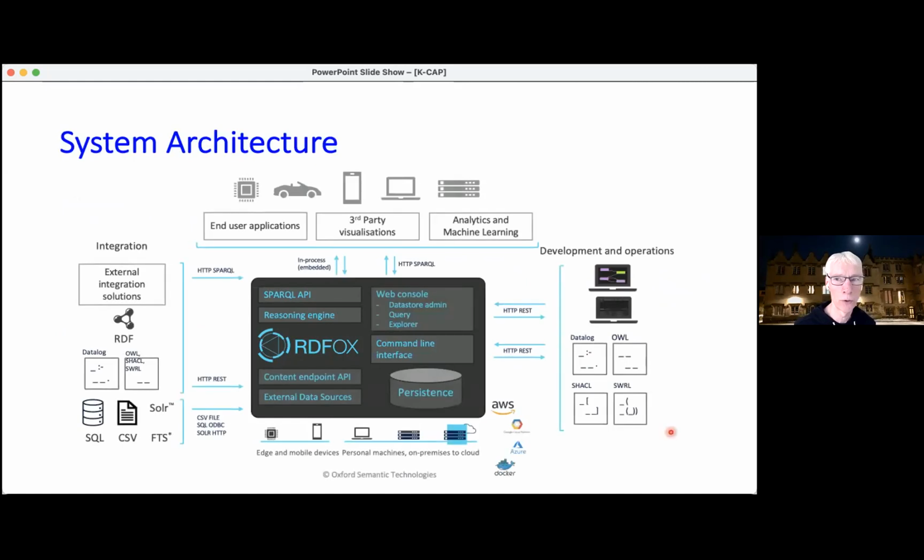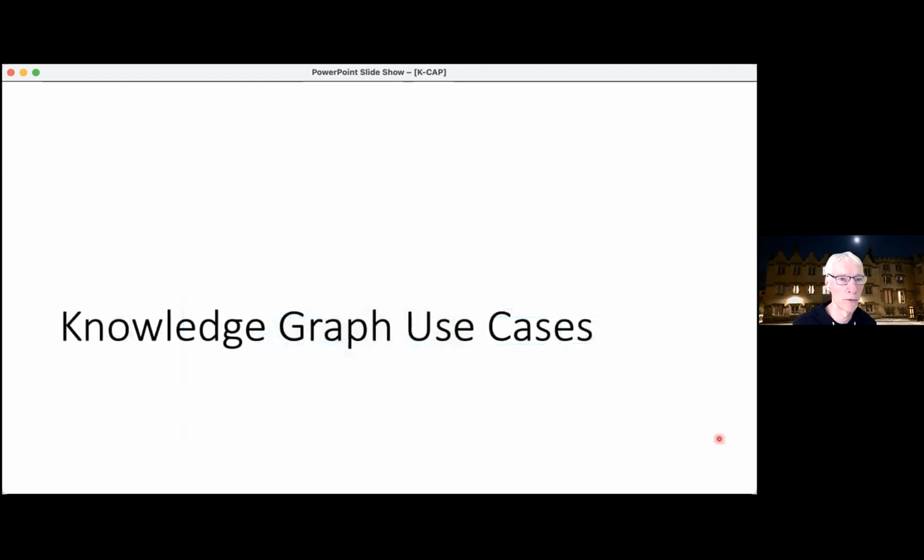But of course, to turn that into a product, you need to extend it with persistence and a web console, and surround it with a whole bunch of infrastructure, interfaces, running on different platforms, and all of the things that, as university-based researchers, we hate to do, but actually really need to be done before you can have a product. It took probably 2 years, I think, to go from the lab-based RDFox to the commercial product RDFox.